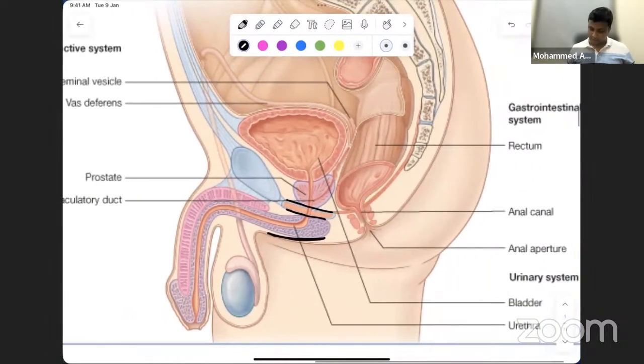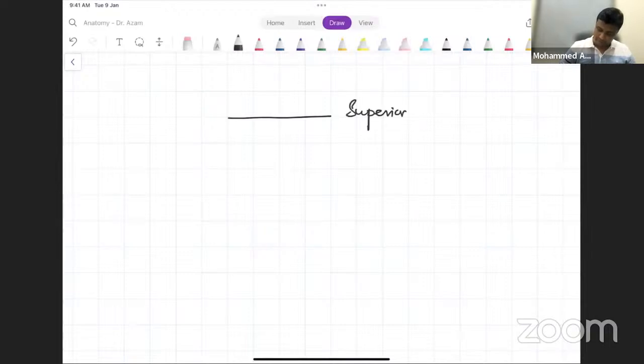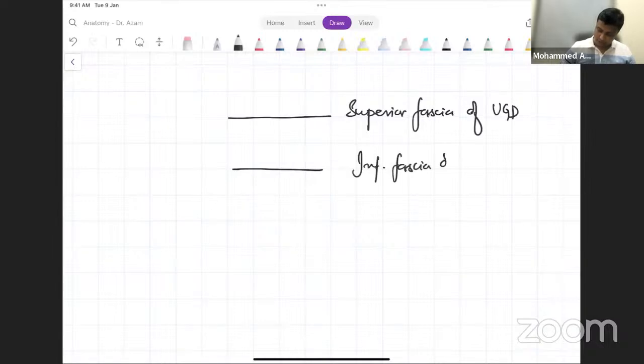It's nothing complicated. For example, I'm just drawing a schematic diagram. Suppose this is the superior fascia of the urogenital diaphragm, and then you have the inferior fascia of the urogenital diaphragm.